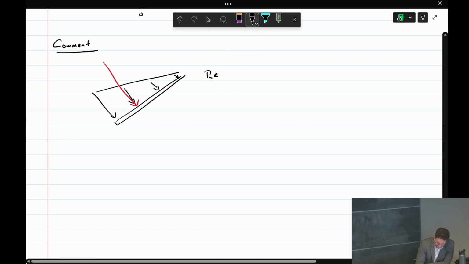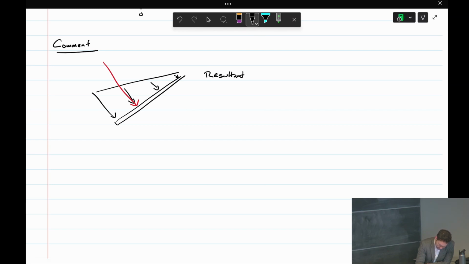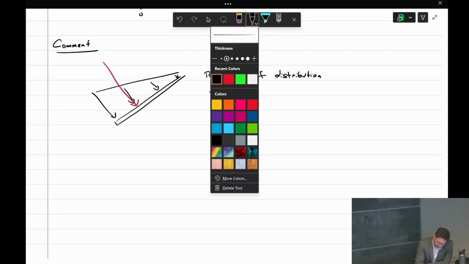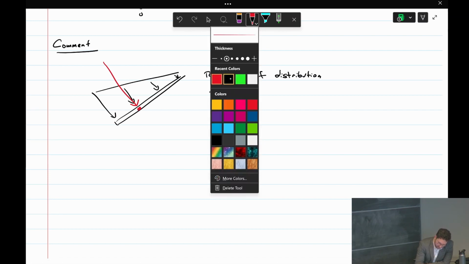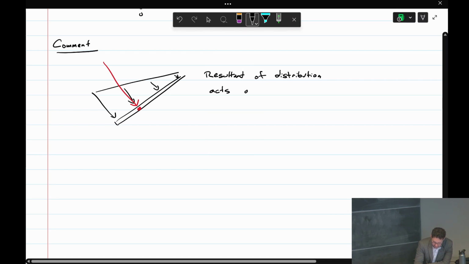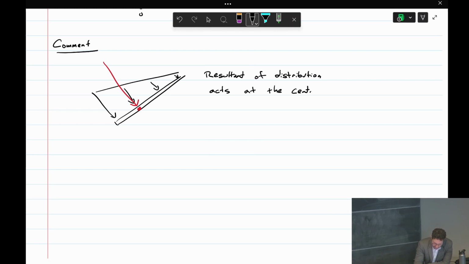So the resultant of the pressure distribution acts at a point here. I'm going to make that point red. The point is called the center of pressure.